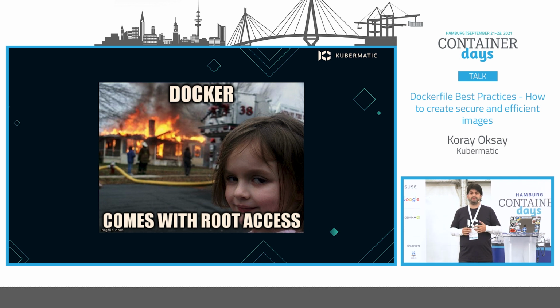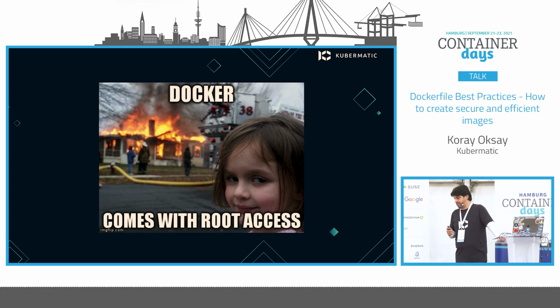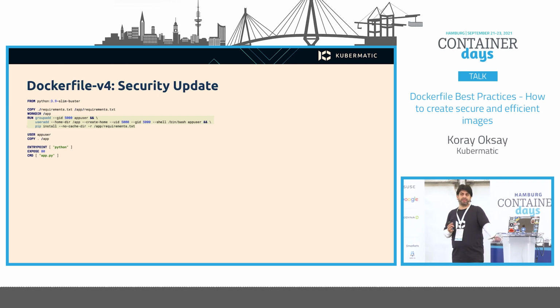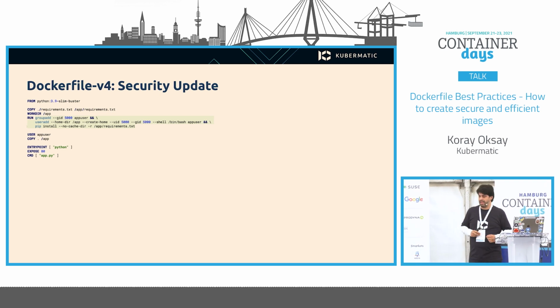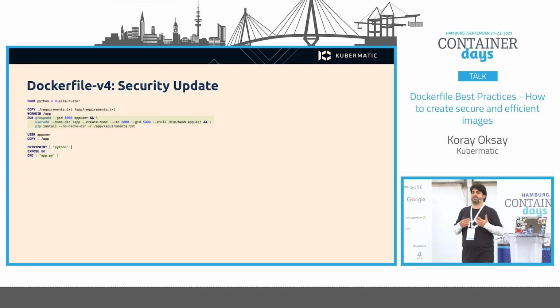Docker by default runs as root, and this might be a problem, of course, if there are any other vulnerabilities in your image. So what we need to do is add a normal user, other than root, to our system, and use the USER directive to run our application as this user.